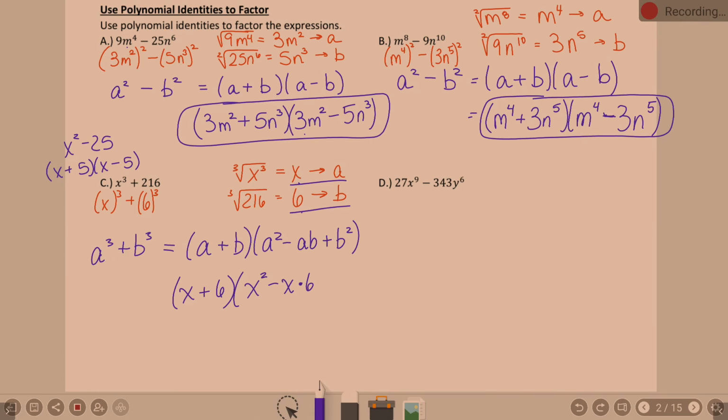No. Jump to your final answer if you want. Plus b squared. What's b? 6, and that's going to be 6 squared. Clean it up when you write your final answer. x plus 6 times x squared minus 6x plus 36.